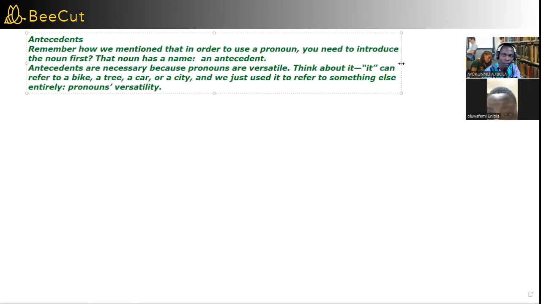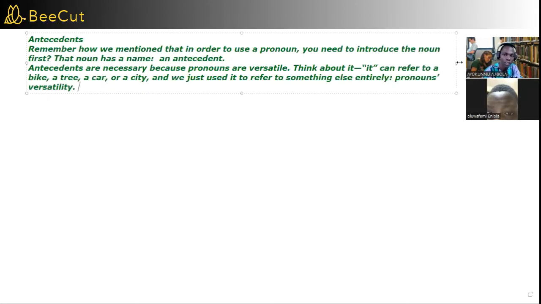That is, the noun must be mentioned before we start making use of the pronoun. That noun has a name, and that name is an antecedent. Antecedents are necessary because pronouns are versatile. Think about it: the word it can refer to a bike, a tree, a car, or a city, or something else entirely.